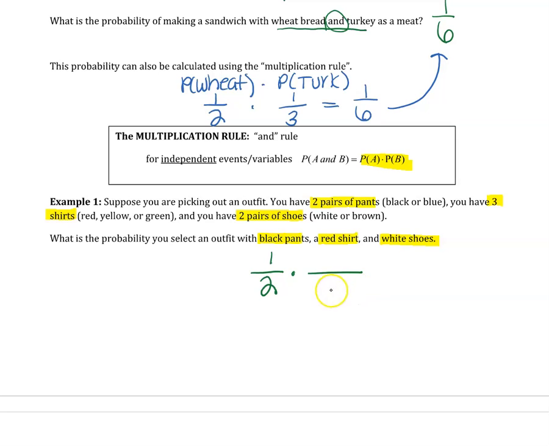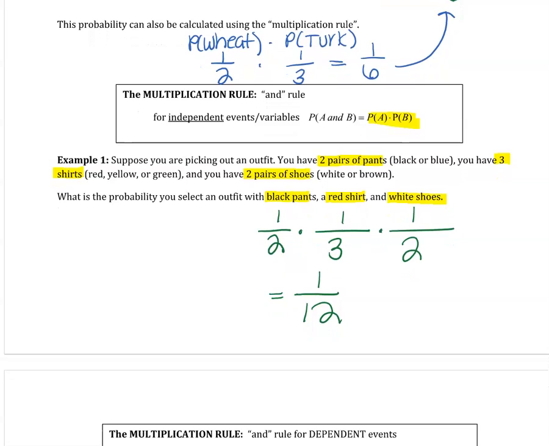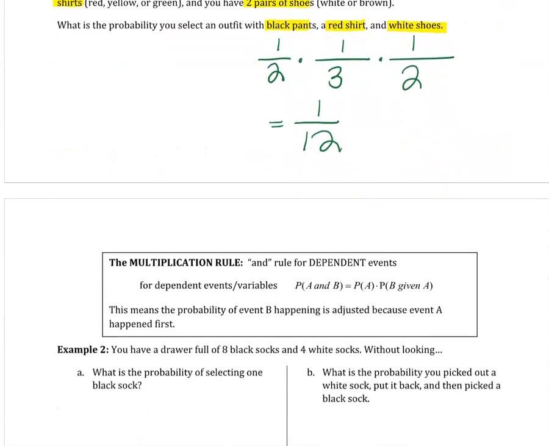For shirts, you have 3 options, and red is one of them. And for shoes, you had 2 choices, which is then 1 out of 2 as well. Multiply that all together, that's 1 over 12, and that's the probability of selecting that outfit. So hopefully this seems pretty easy. This is stuff that you would have likely seen in middle school.